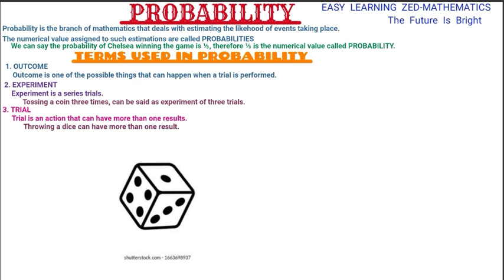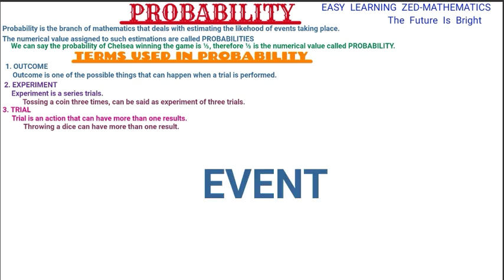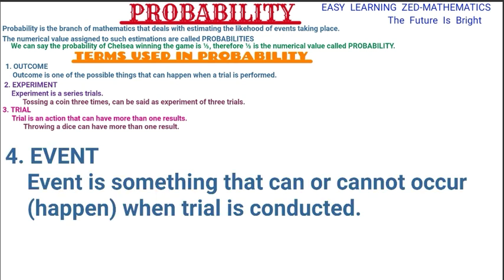All right, let's go to point number 4, which is event. What is an event in probability? An event is something that can or cannot happen when a trial is conducted. If you toss a coin, it can land on a head or a coat of arms.